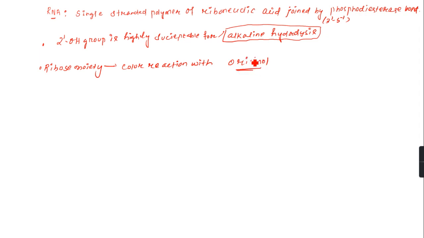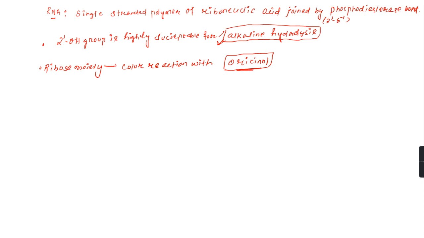So this point is very much important. The ribose moiety present in the RNA produces a color reaction with orcinol. The 2' hydroxyl group is basically highly susceptible to alkaline hydrolysis. This is RNA, a single stranded polymer of ribonucleic acid which is joined together by phosphodiester bond.